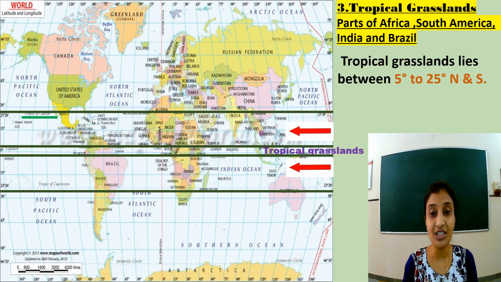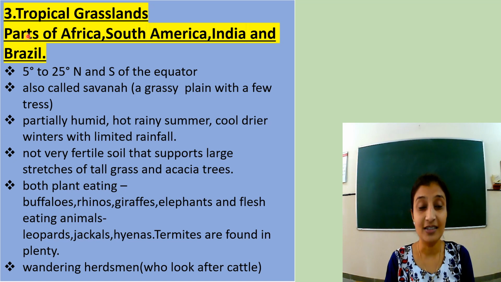The third region is the tropical grasslands. It lies between 5 degrees to 25 degrees north and south of the equator. The areas covered by tropical grasslands are parts of Africa, South America, India and Brazil. Tropical grasslands are also called savanna.